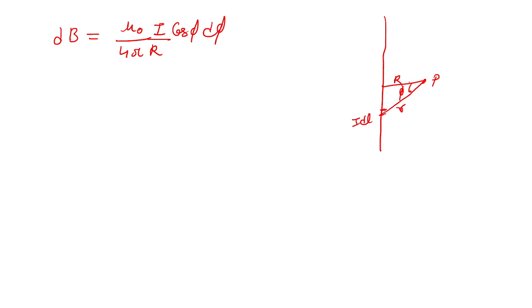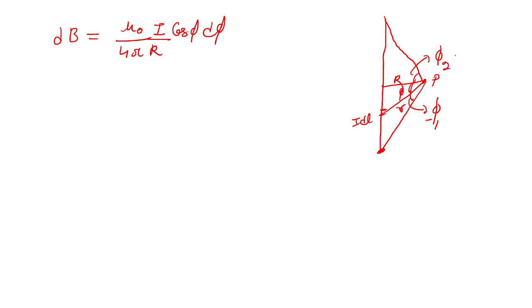Now let's say this makes an angle with the bottom end and with the top end. We will integrate this equation with the angle made by this point P with respect to the bottom end and also with the top end.